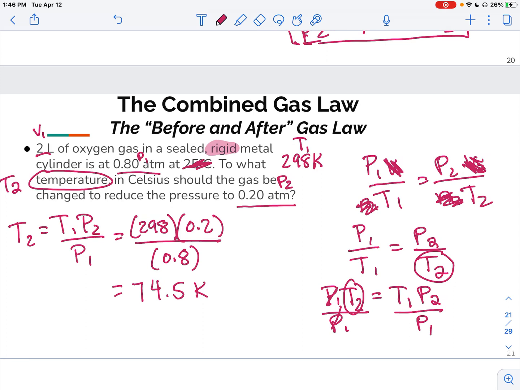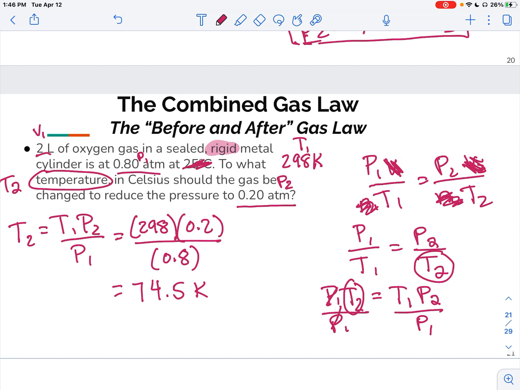The pressure went down. So what would we expect the temperature to do? We would expect the temperature to also go down. Remember, they have a direct relationship. So the pressure goes down, the temperature goes down. So we do have that going on here.